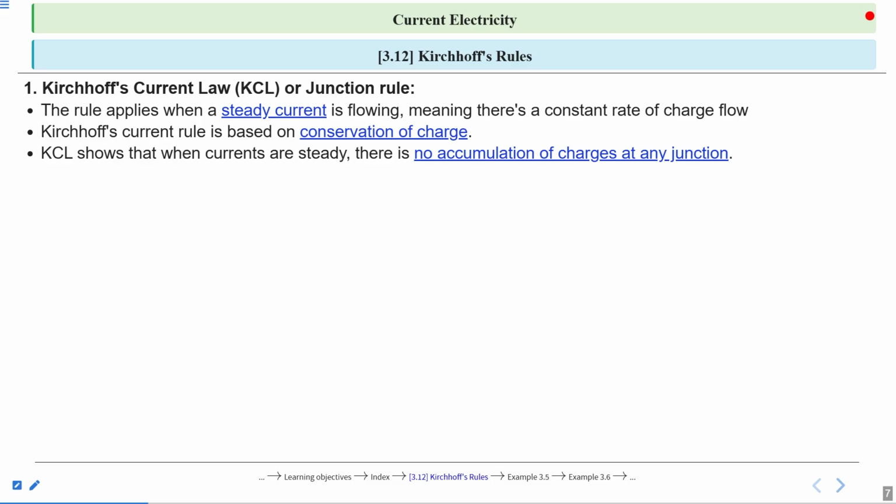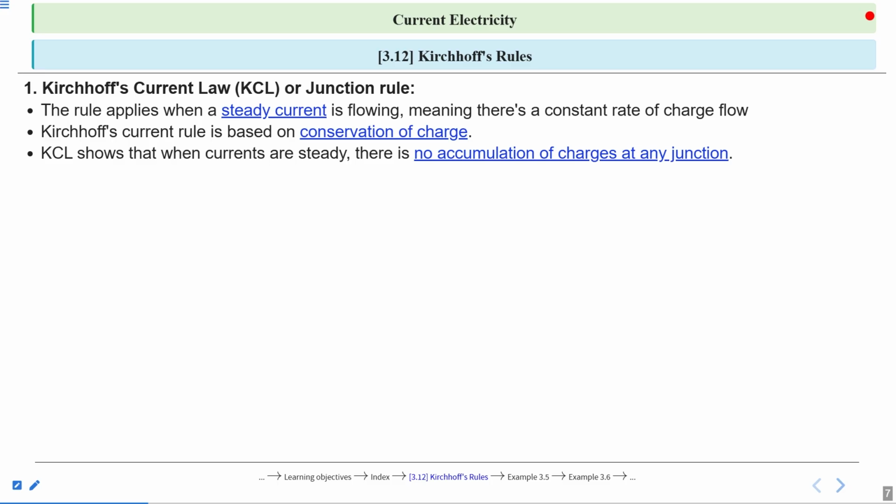If the junction were accumulating any charge, then the charges leaving the junction would be less than the charges entering the junction.